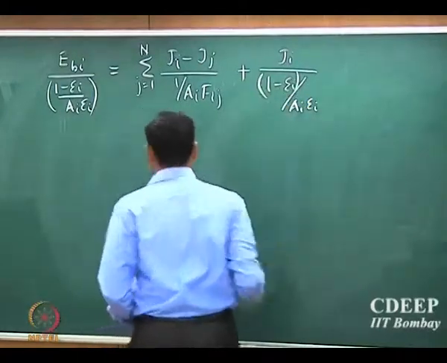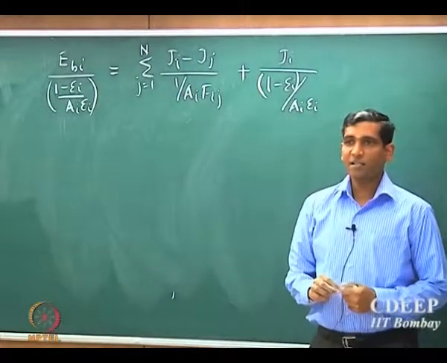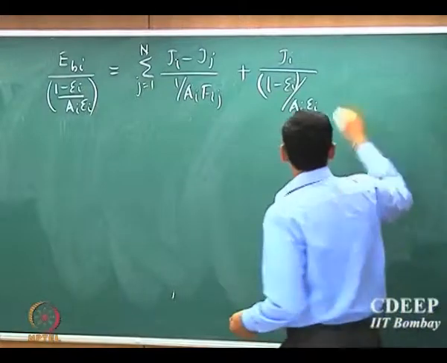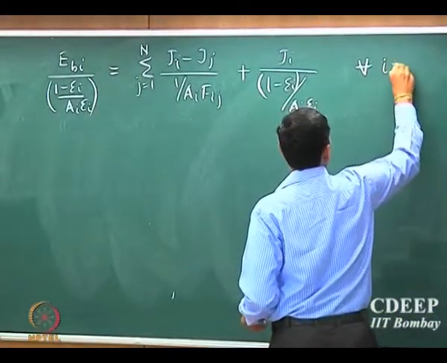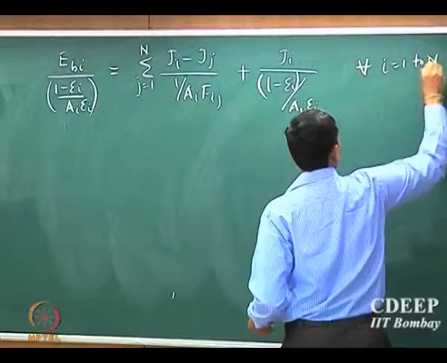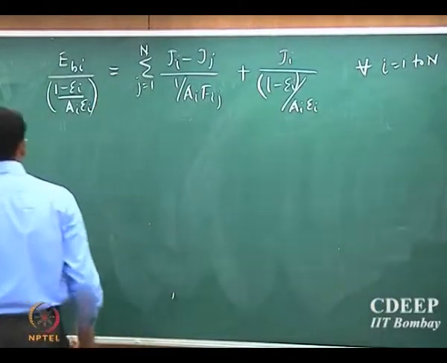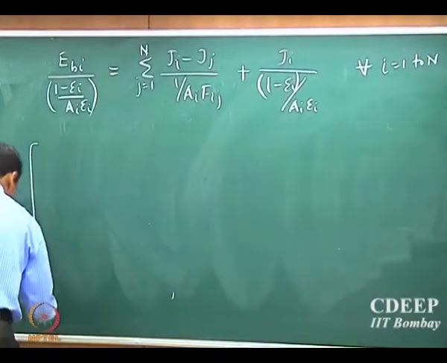epsilon. Now I can write this in the matrix vector form. Note that this is for all i going from 1 to n. So now I can write this as a matrix vector problem.